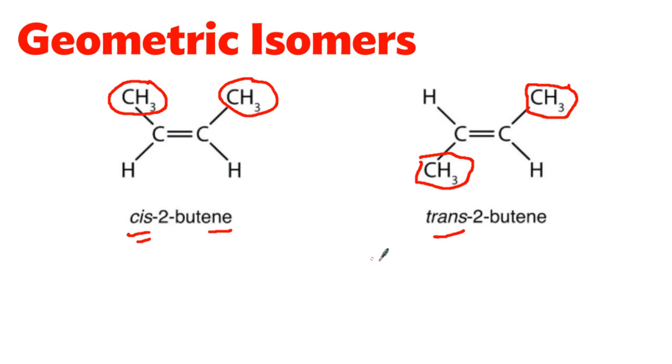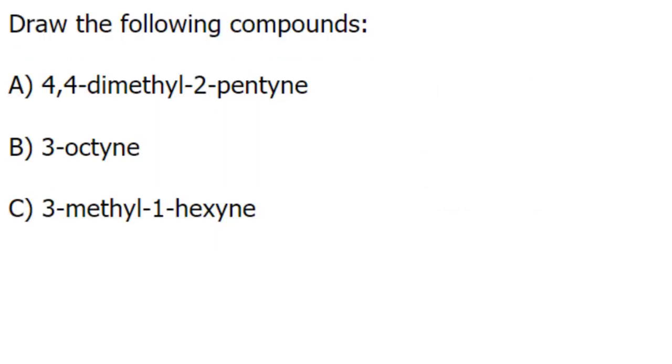If they're across from each other, they're trans. Trans means across from, and cis means alongside of. And so you can see where they come up with those names of cis-2-butene and trans-2-butene. Those are geometric isomers. So we're going to finish out by drawing some of our triple bonds.